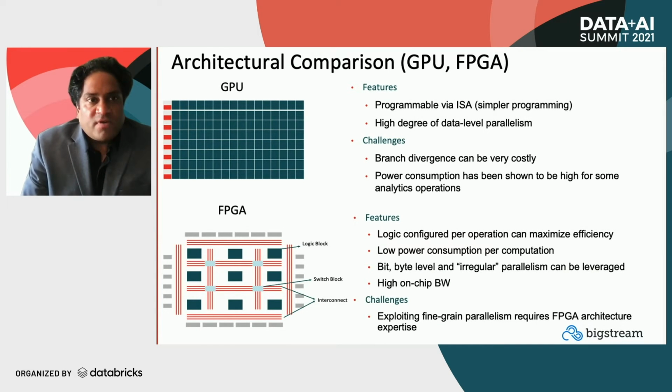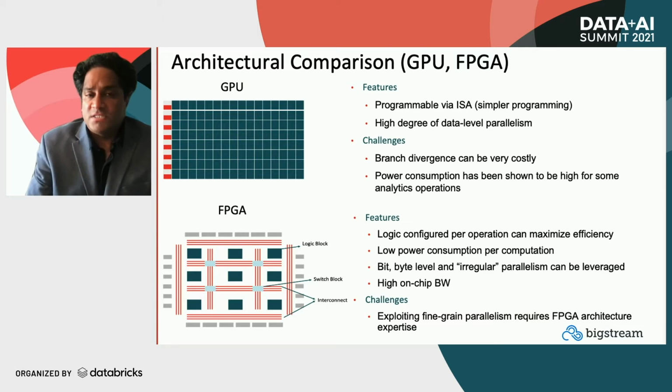So I'm going to give a high-level architectural comparison of these two technologies, GPU and FPGA. Again, this is at a 1,000-foot level. I'm not a hardware engineer, I'm a data scientist, but I think that's the correct level to take a look at it and start thinking about acceleration for our analytics.